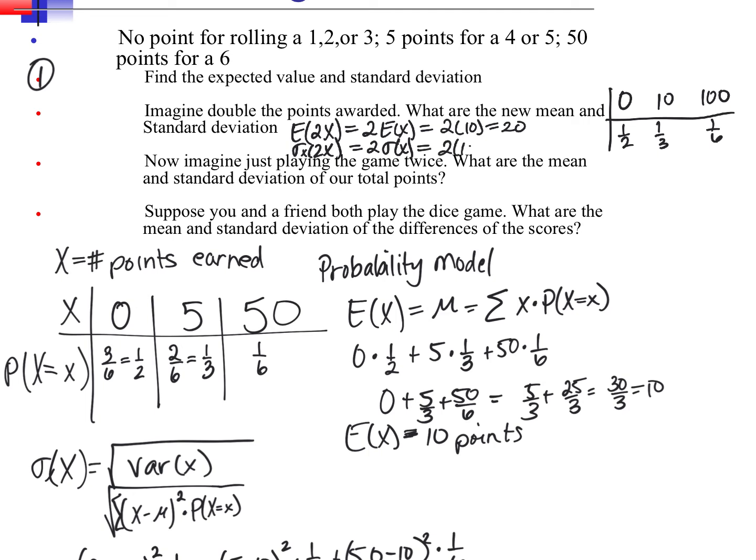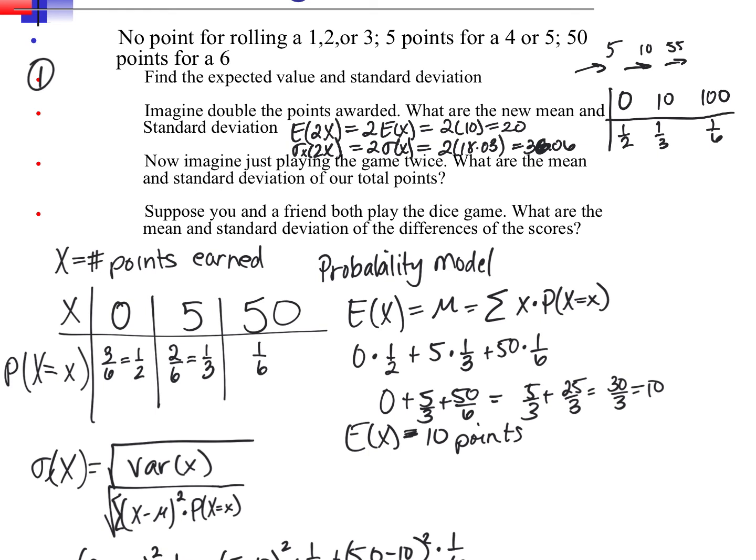So that's 2 times 18.03, 36.06. Sorry. So if I were to add 5 points to it, and so instead of 0, it would be 5, 10, and 55, my standard deviation wouldn't change because all I did was move everything to the side, 5. It's still the same spread.